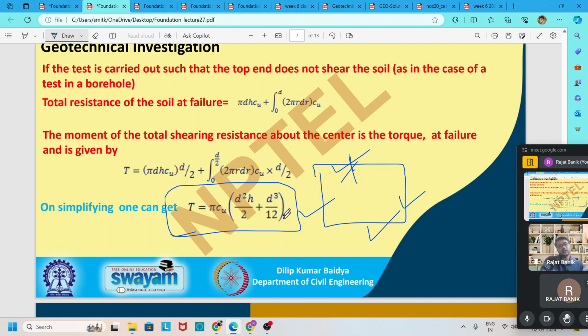So you see that the only difference is this d cube term: for all four sides it is d cube by 6, and for three sides it is d cube by 12. You have to remember this formula and the difference when you use all the sides and when you use only three sides excluding the upper side of this blade.